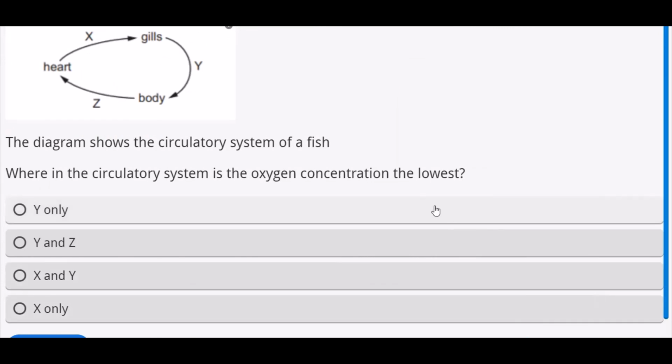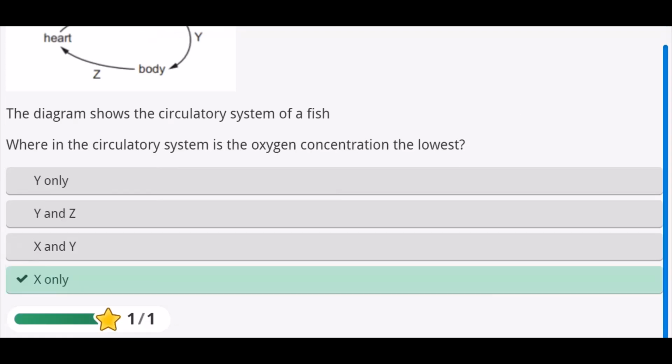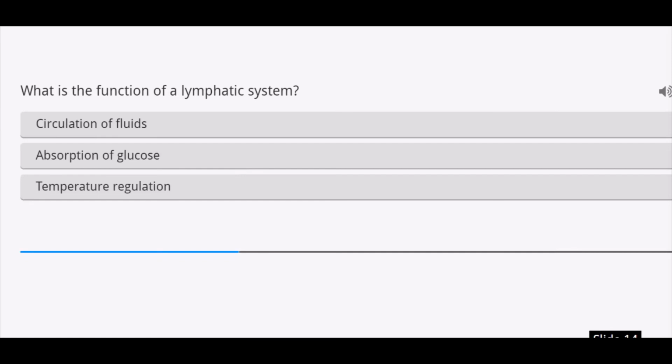Another question here is showing us simple circulation in fish. Where in the circulatory system is the oxygen concentration the lowest? So we have the oxygen concentration the lowest in X. What is the function of a lymphatic system?